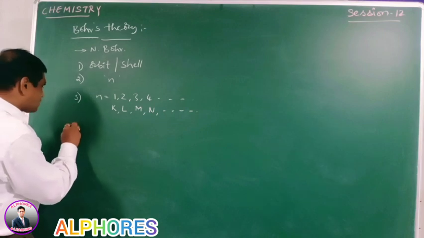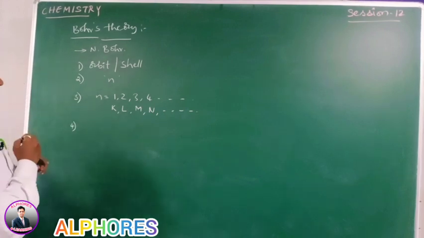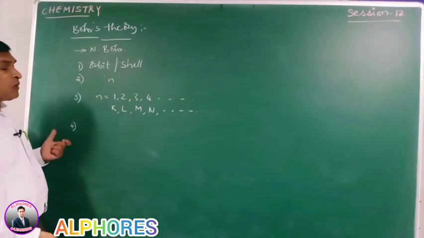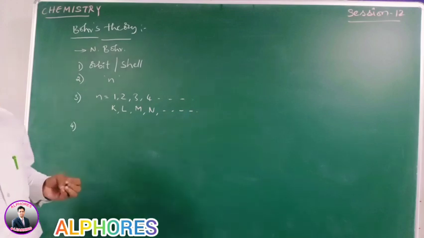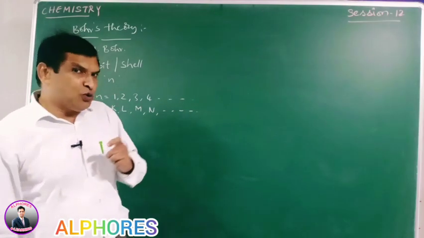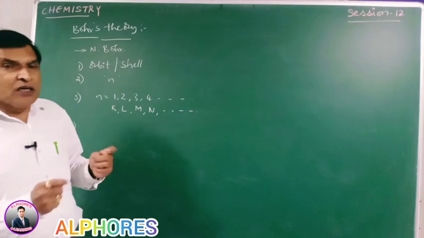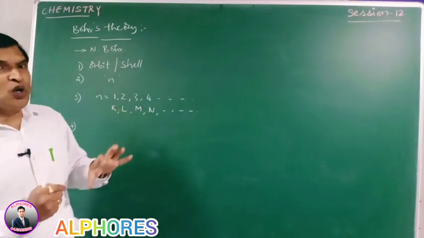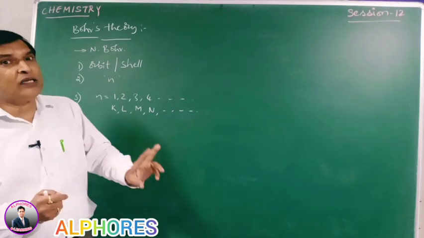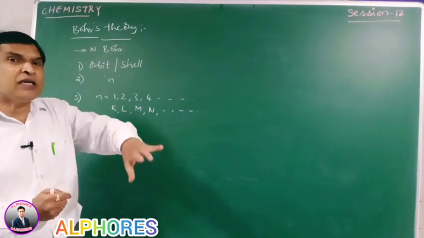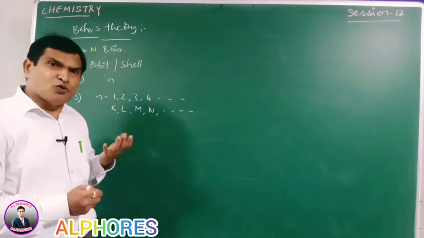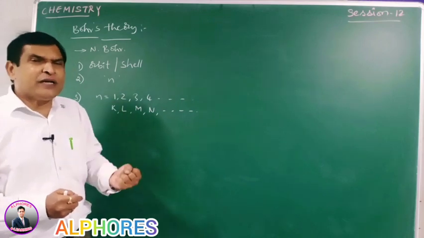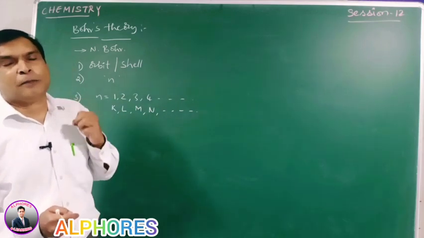Fourth point: as long as the electron is revolving around the nucleus in closed circular orbits, the electron neither loses energy nor gains energy. That means each orbit is associated with a definite fixed amount of energy.